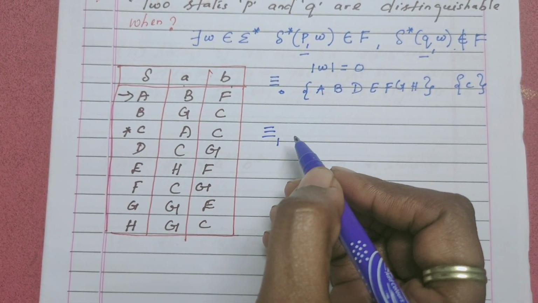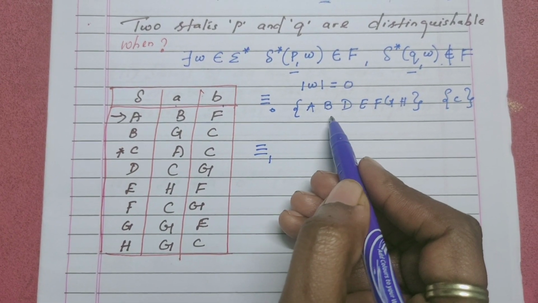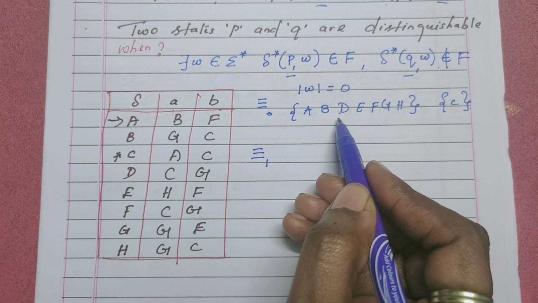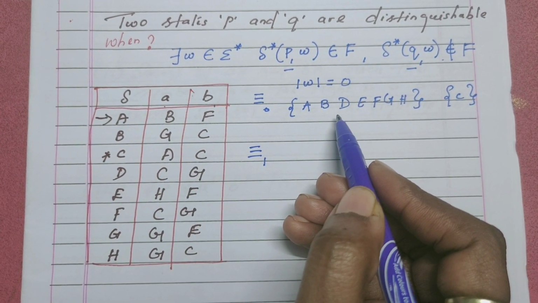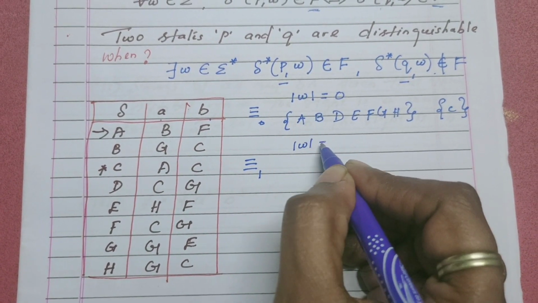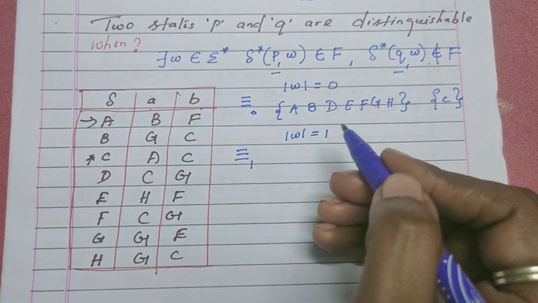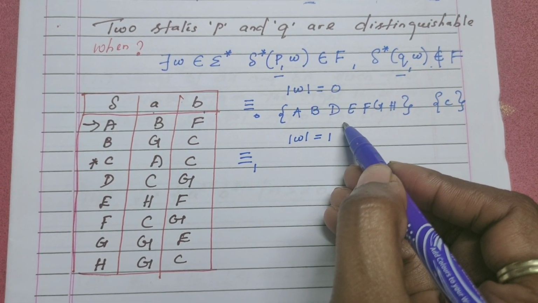What is the meaning of this equivalence class 1? From a given state, let it be A, B, C, D, anything it can be, we are going to allow the machine to read a string of length 1. So at equivalence class 1, the length of the string is going to be 1. Okay, so how do we build equivalence class 1 from the previous step?